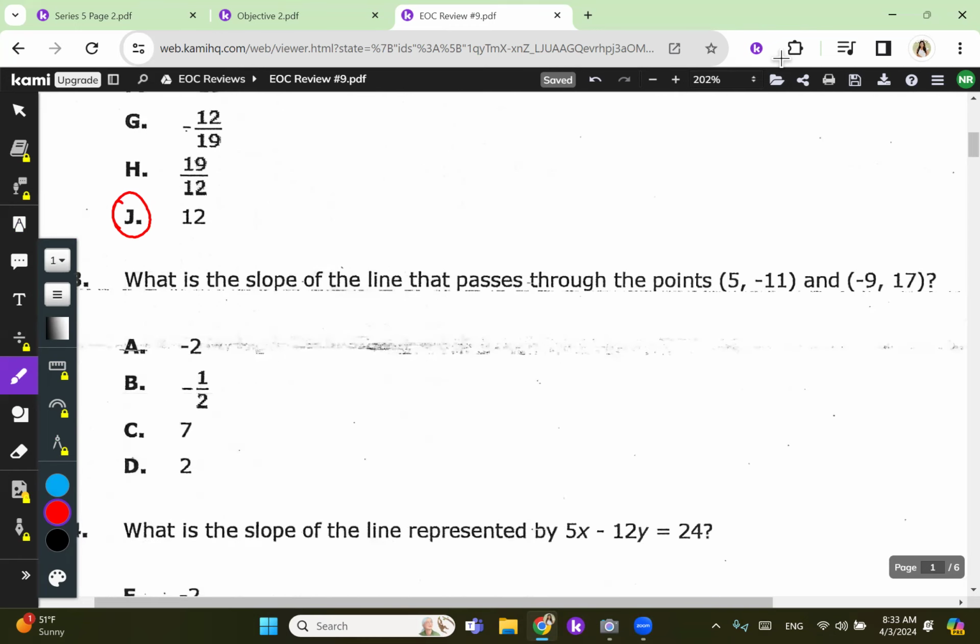All right, what's the slope of the line that passes through these points? Since they are points, every time people type them in when they look like this, they tend to put 5 and 11 on the same side of the column or on the same column. So it's better to just put it into a table first, then type it into stat edit. 9, 17.